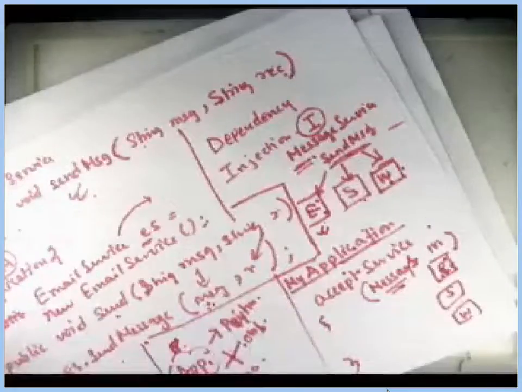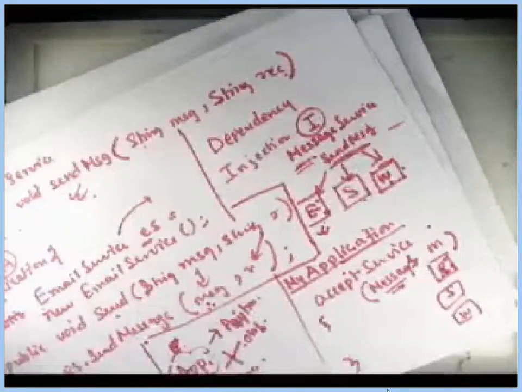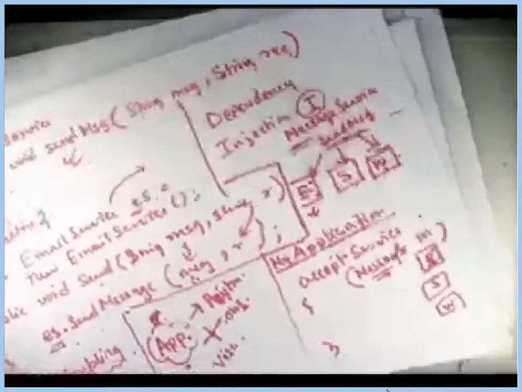Well, before we move ahead with the other part, let us again have a look at where we were. Like we discussed, there can be situations where we make our applications very dependent on each and every module, right?